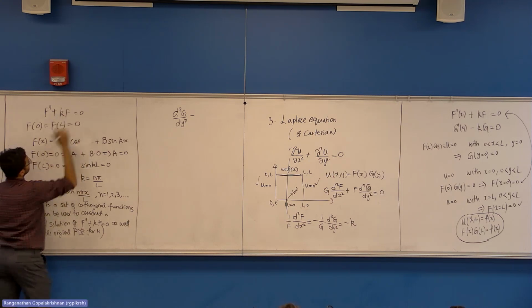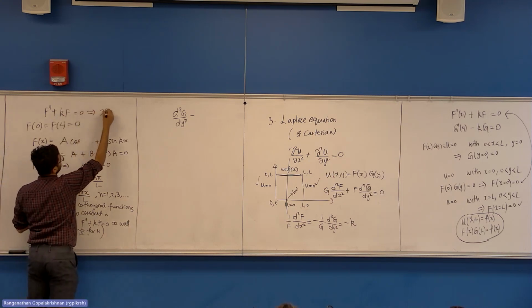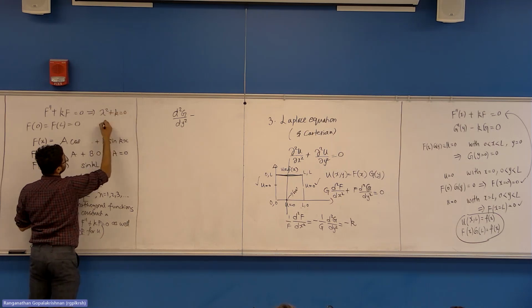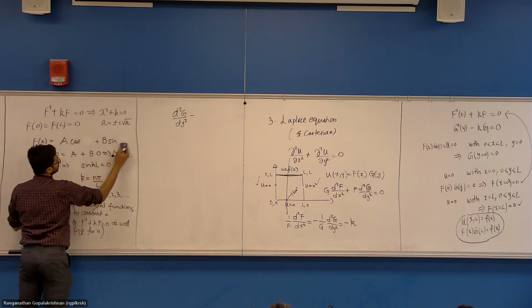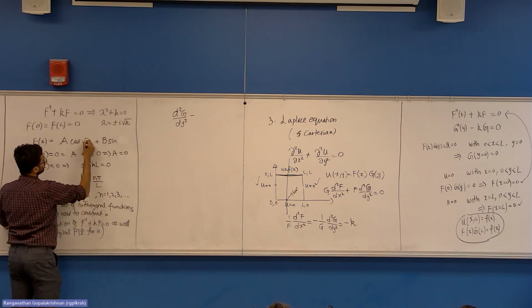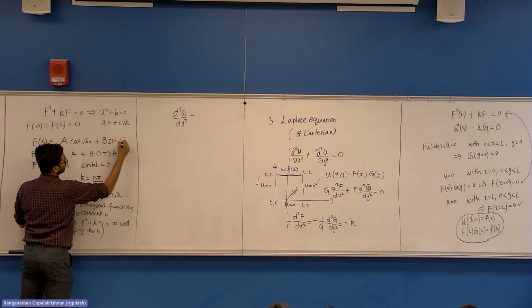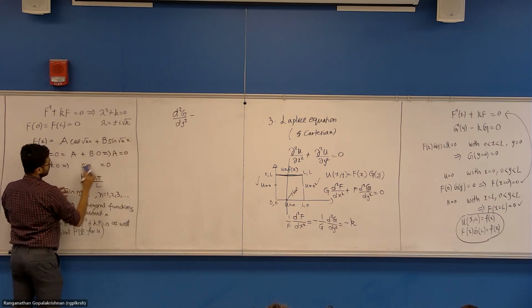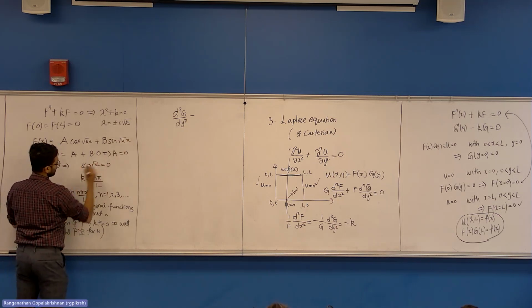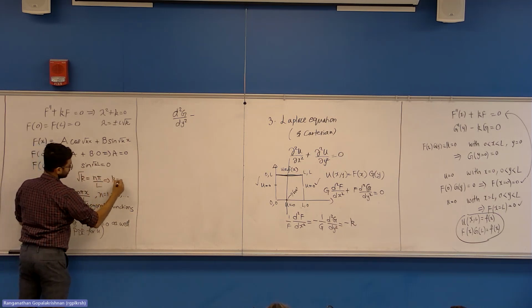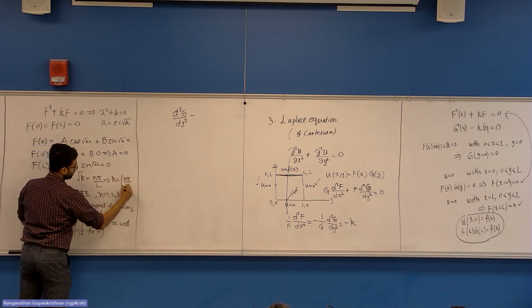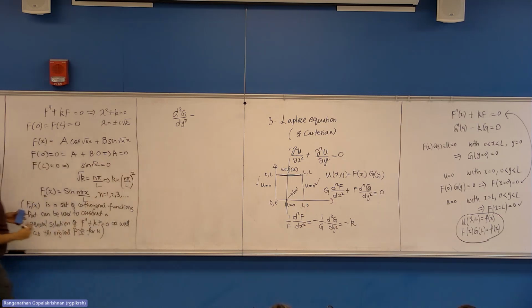Because if this is your equation, this implies lambda squared plus k equal to 0, implies lambda is plus minus i square root of k. So this is square root of k, which implies k is the square of this, n pi over L squared.